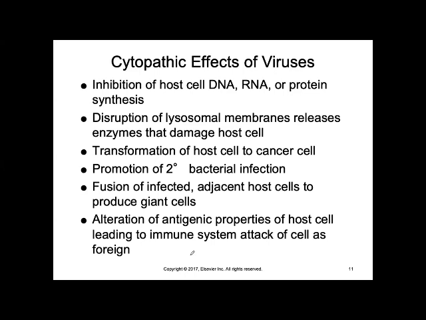It can mutate cell cycle genes. Promotion of secondary bacterial infection. Why? Because you've weakened some immune function in many cases, right? And a glaring example would be AIDS, where you infect the helper T cell and you suppress adaptive immunity in both the humoral and the cell mediated branches.